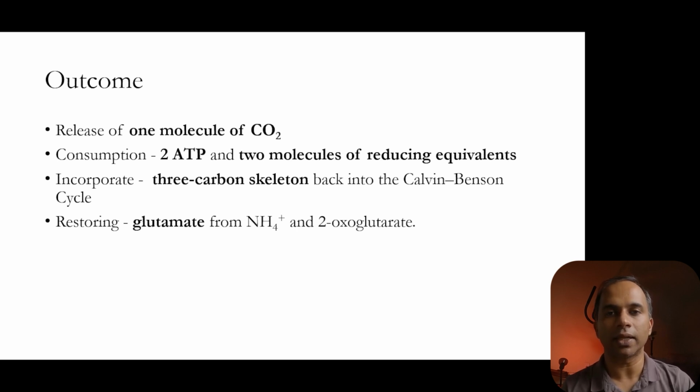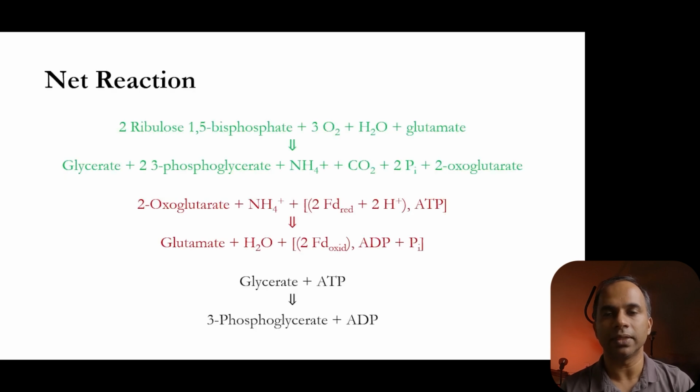If you look at the net reaction that is happening, as you can see here, we can sum up everything into this reaction. The ribulose 1,5-bisphosphate is going to react with oxygen, and also water and glutamate will be converted into glycerate, 3-phosphoglycerate, ammonium ion, carbon dioxide, phosphate groups and 2-oxoglutarate molecules.